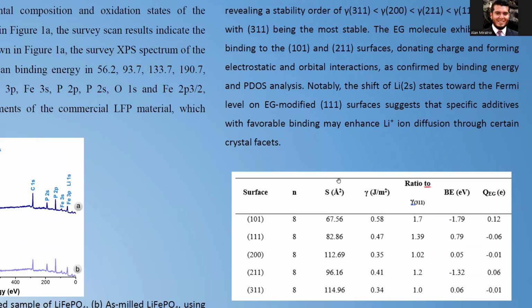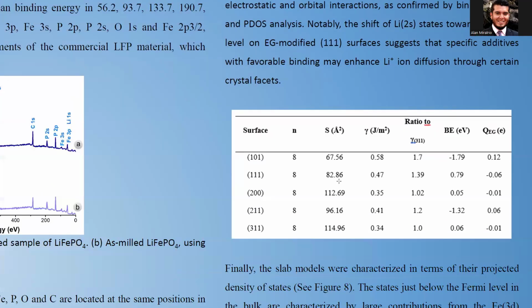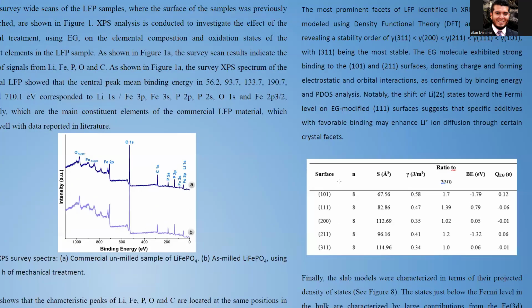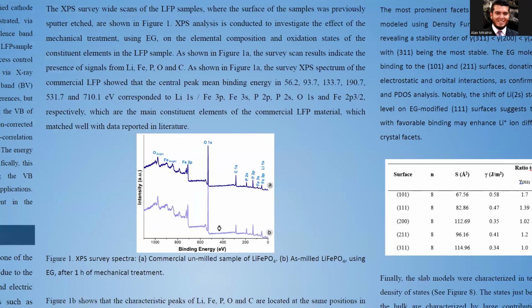It was also possible to determine by means of the partial density of states that the peaks found previously in the XPS analysis agree very well with the projected density of states, in particular for the elements shown in the previous figure 1.